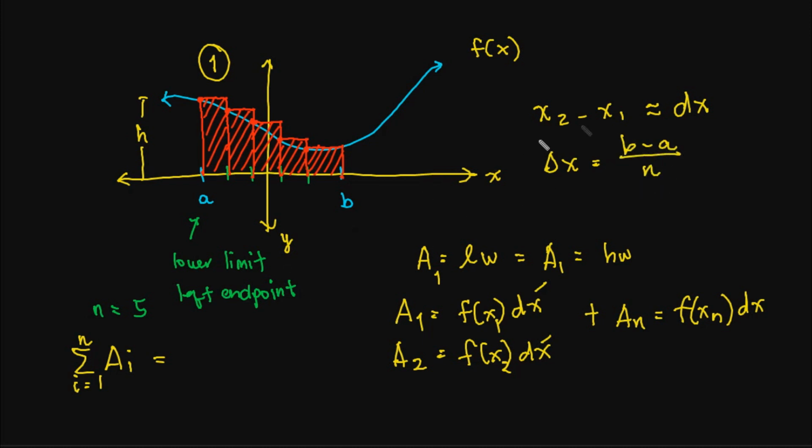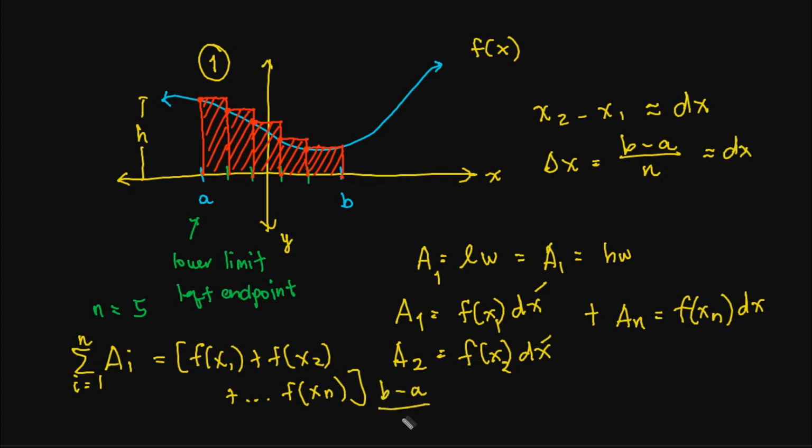So in this case, we could say that we can factor out dx from this expression. So we have something like f of x sub 1 plus f of x sub 2 up until f of x sub n, and then we multiply this with your delta x or dx. So this is a rough estimate, no? So this is times b minus a over n.